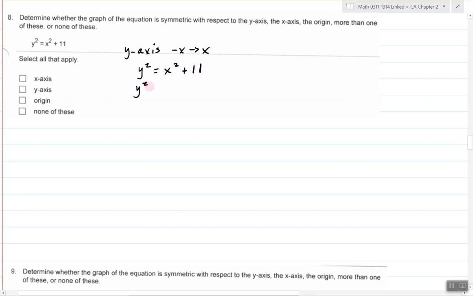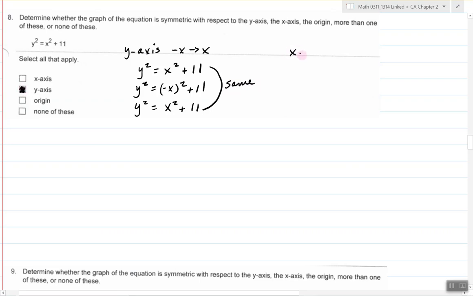So y squared is equal to negative x, quantity squared, plus 11. And if I simplify that, y squared is equal to x squared plus 11. Compare, and they are the same. Therefore, we do have y-axis symmetry, so I can go ahead and choose it.